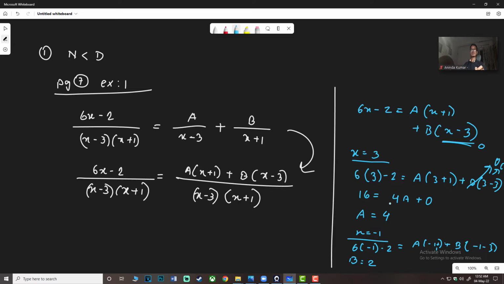So it's not necessary for you to vanish a, since now we know the value of a. In our book, basically they have used simultaneous equations by taking two random values of x. You can do that as well. But if you can take a value of x and directly get the value of a or b, then it is better to do that. It will save you some time.